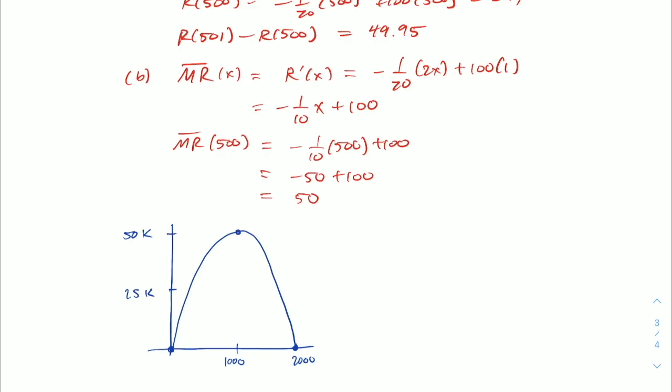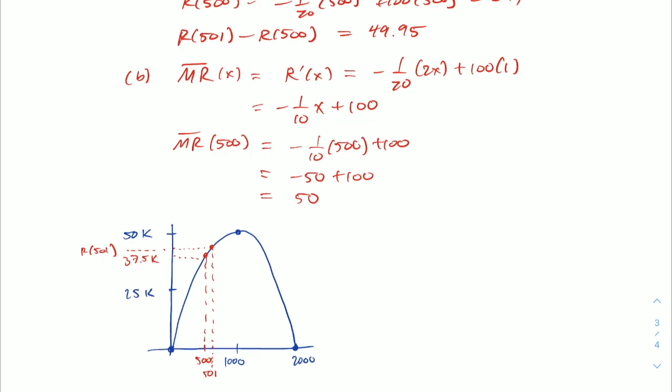Okay, now we're looking at the point 500, so here's 500 to the left of 1,000. So we put in 500, we get out 37,500, so 37.5K. And we put in 501. I'm going to exaggerate the difference between these. Let's just call it R of 501 here.